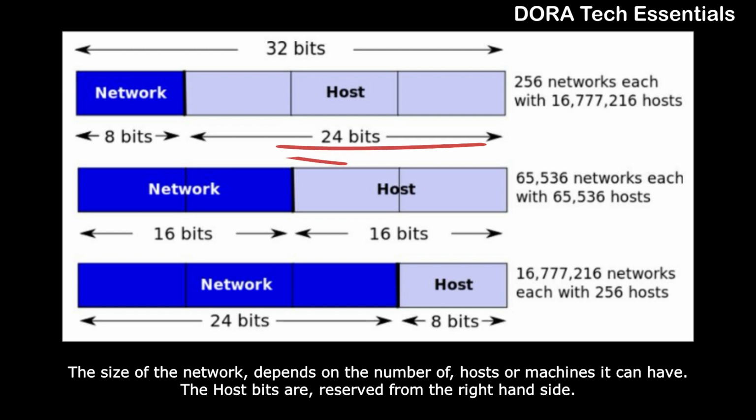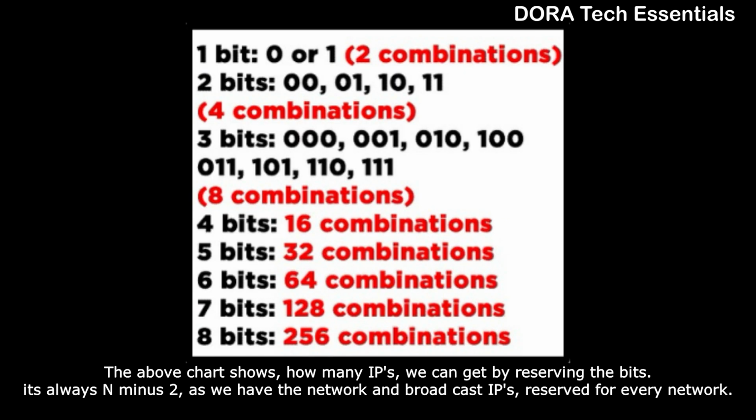The host bits are reserved from the right-hand side. The above chart shows how many IPs we can get by reserving the bits. It's always n-2, as we have the network and broadcast IPs reserved for every network.